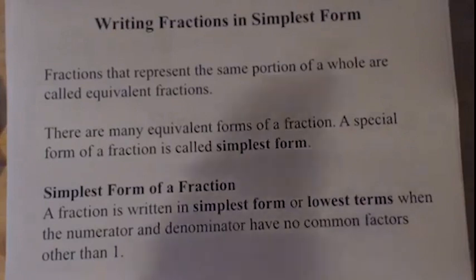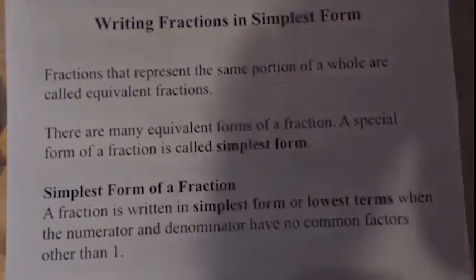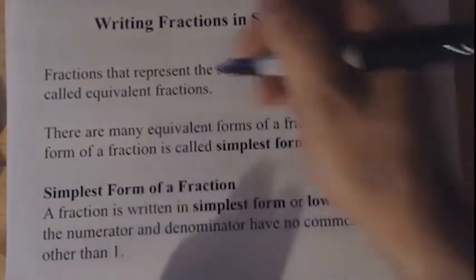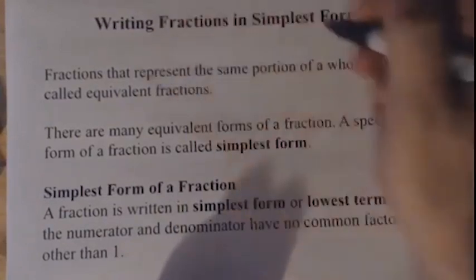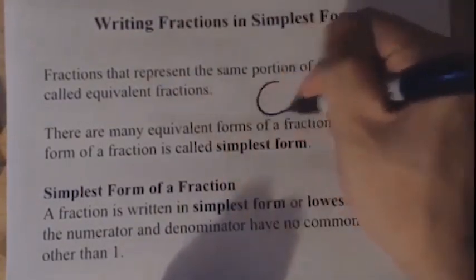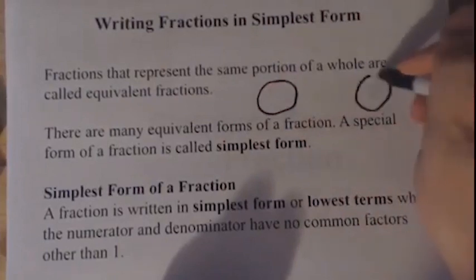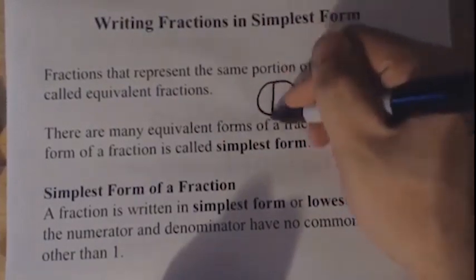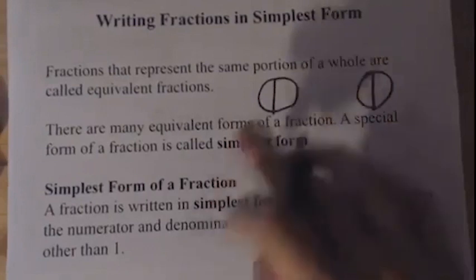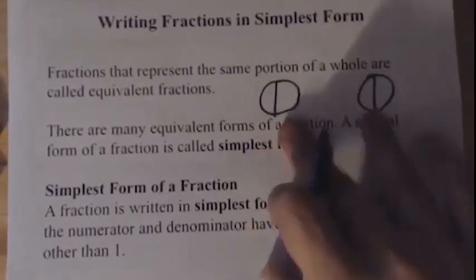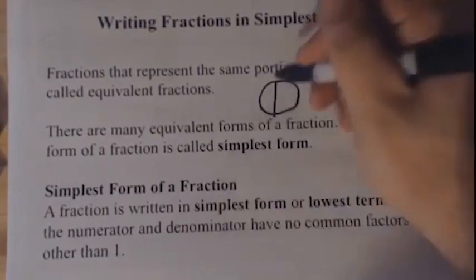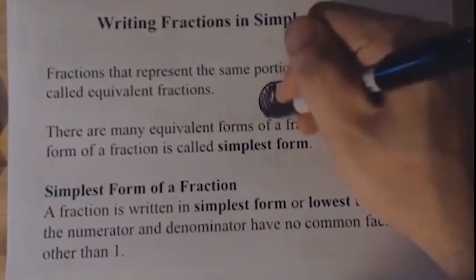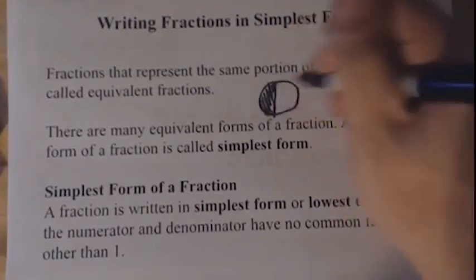So first of all, what we mean by representing the same portion of the whole. Let's say these are two circles that I split in half. So if I shaded one of the halves, that'd be 1/2.